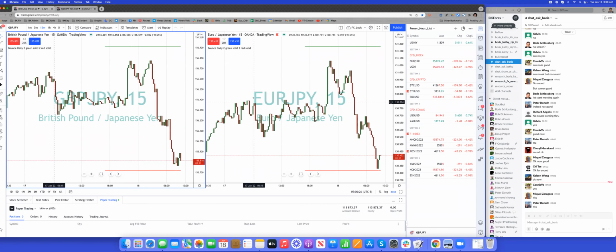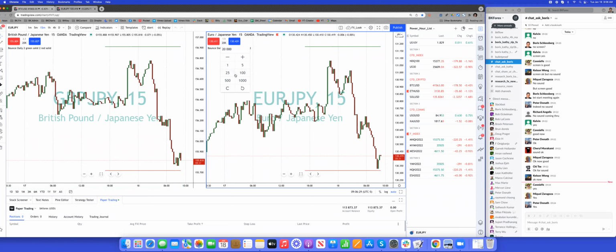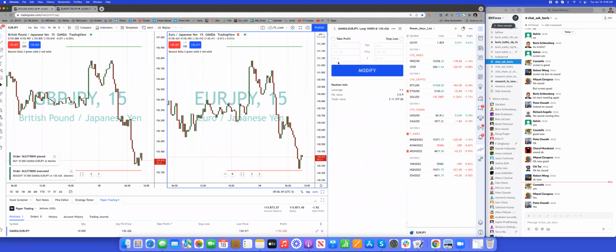I'm going to trade it at 10,000 units. I'll get into why. So let's get long, Shift B, and we will trade this with an 11, 10 target, and we'll let that play out.